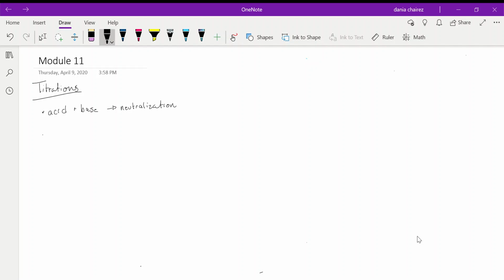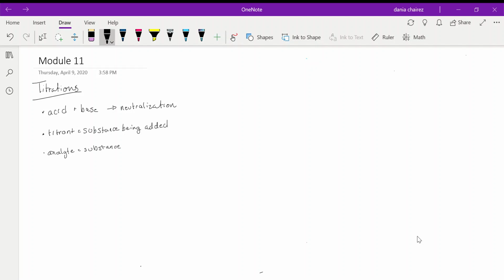So a titration is made up of two components, which is the titrant, which is equal to the substance being added, and the analyte, which is the substance being titrated.